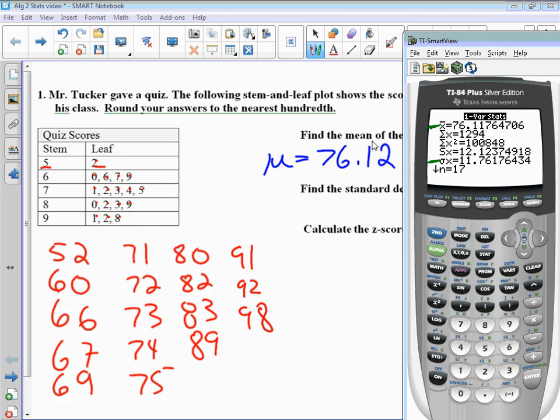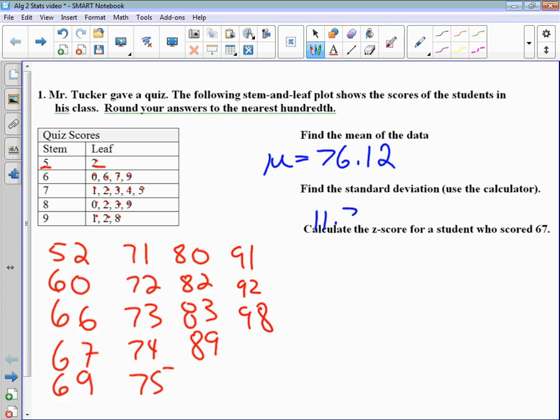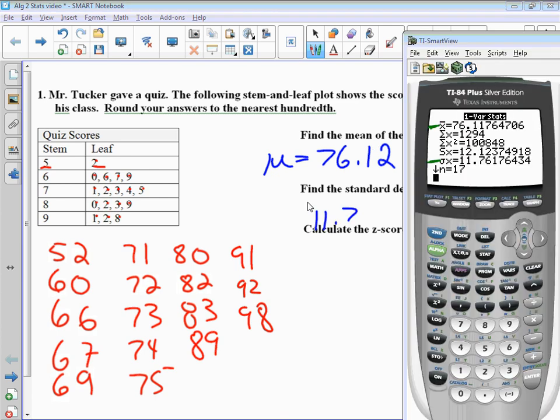And then my standard deviation is going to be 11.76.